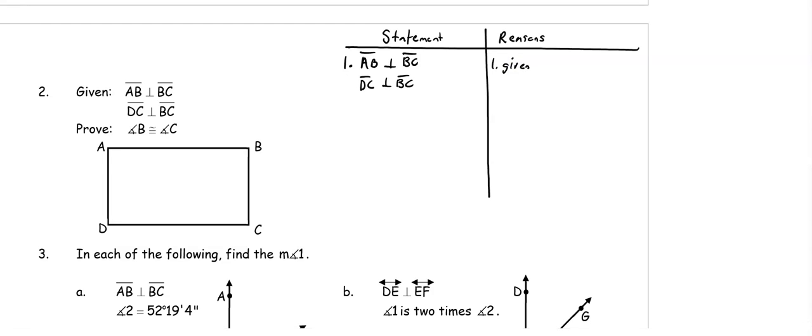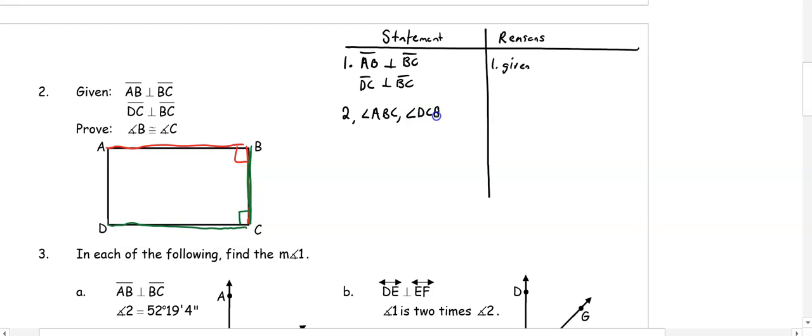Now, if AB is perpendicular to BC, that creates a right angle. And if DC is perpendicular to BC, that creates a right angle. So in step 2, we're going to identify our right angles. So angle ABC and angle DCB are right angles. And we know that because perpendicular lines form right angles.